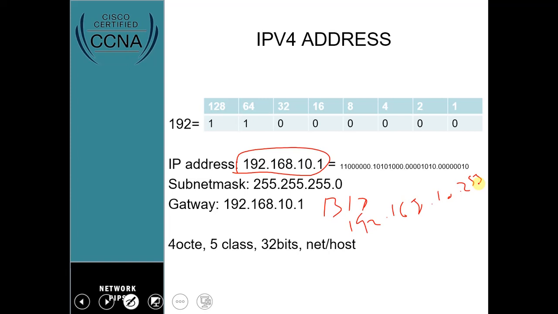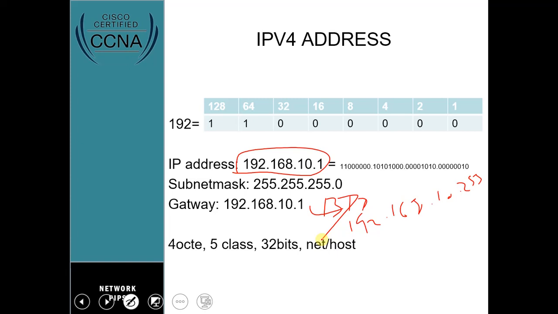Now, our gateway is an address. It can be any address, it must not be 192.168.10.1. But they usually pick the first valid address on that network to make it the gateway.